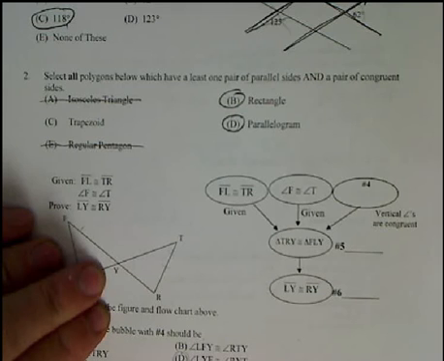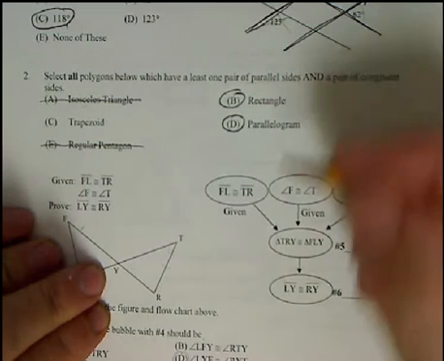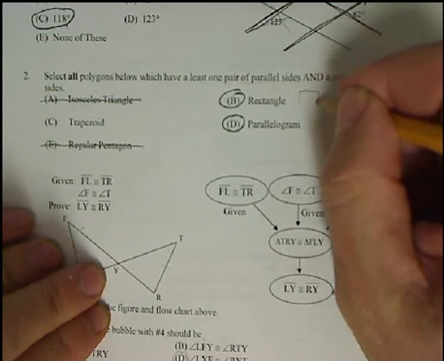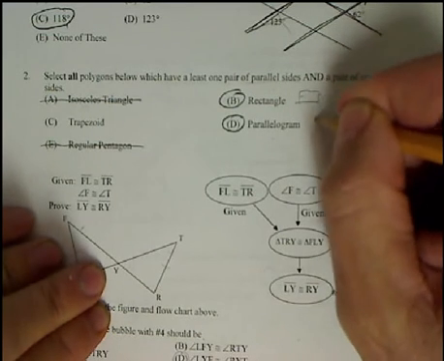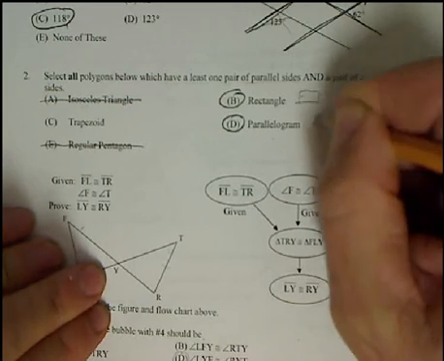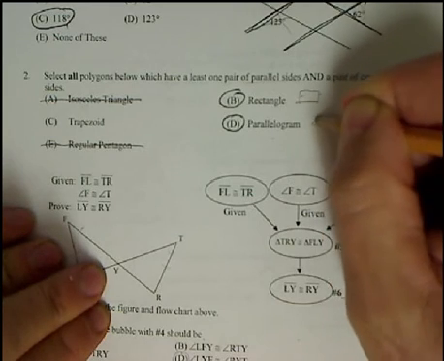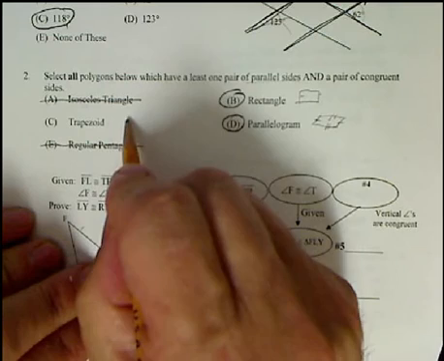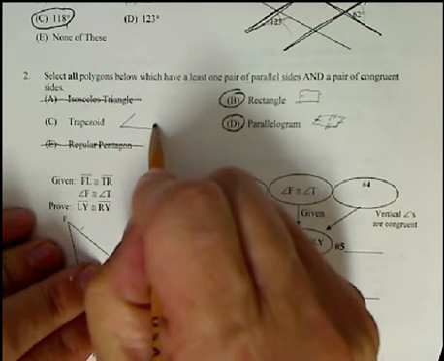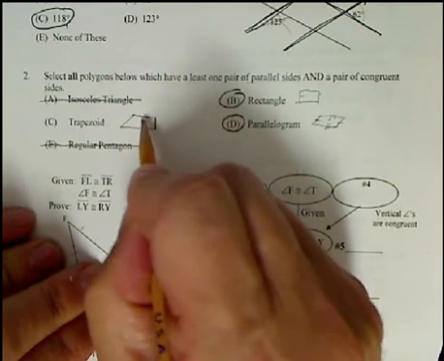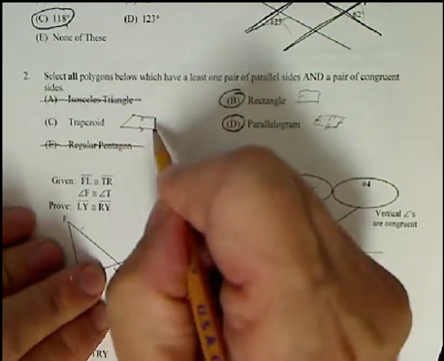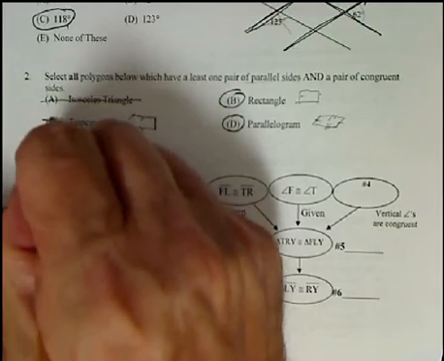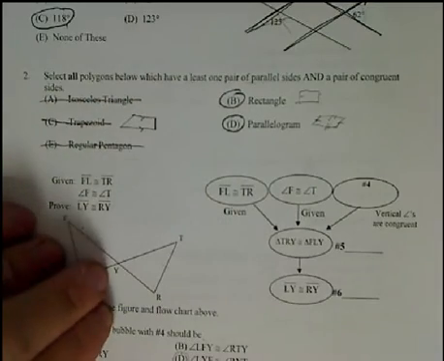Those have parallel sides. Now I need congruence. Well, I know a rectangle, this side equals this side, and a parallelogram, those sides are equal, and then these sides are equal. Trapezoid, it could be any kind of shape as long as these two are parallel, but that does not mean these two are equal. If it was an isosceles trapezoid, I'd have it, so I can cross it out. So I'm left with B and D.